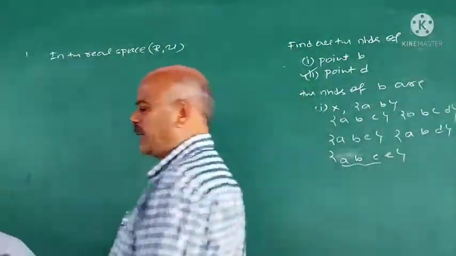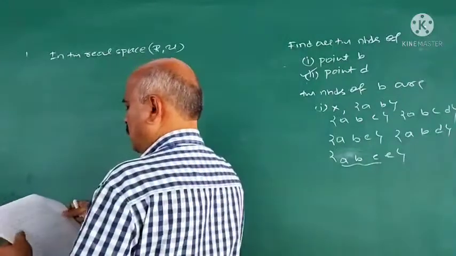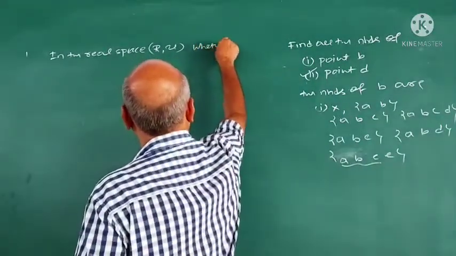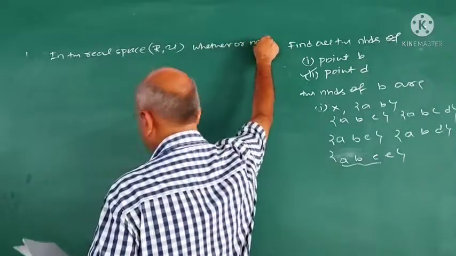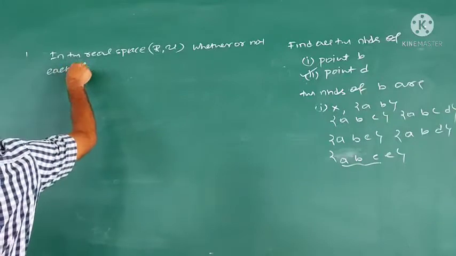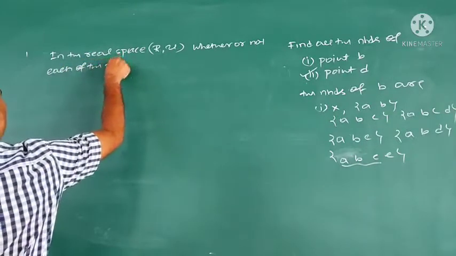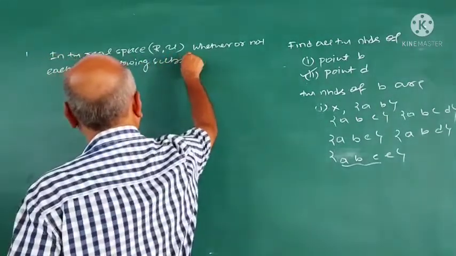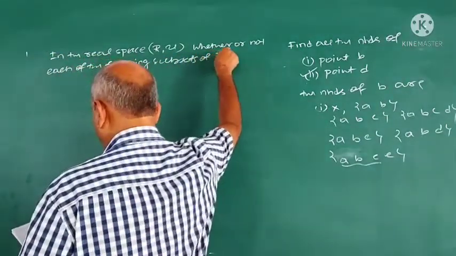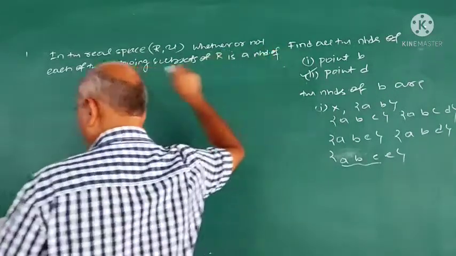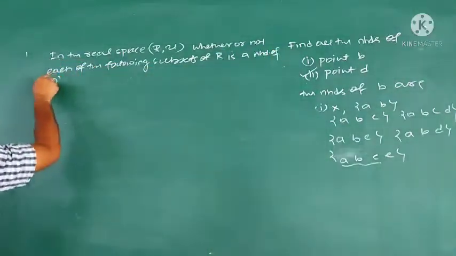In the real space (R, U), whether or not each of the following subsets of R is a neighborhood of 0.